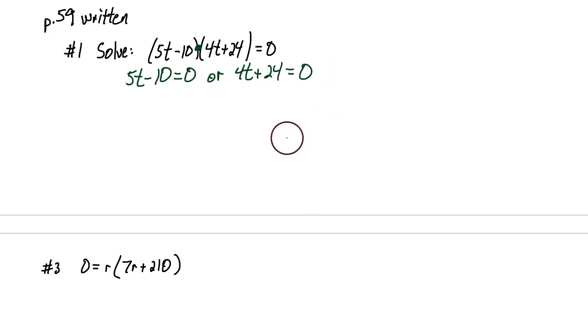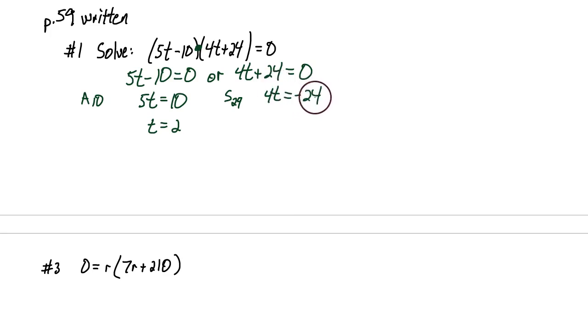To finish this, we solve both of these equations. Let's focus on the first equation and add 10 to both sides. We get 5t equals 10. Therefore, t equals 2. Now focus on the second equation and subtract 24 from both sides. We get 4t equals negative 24.